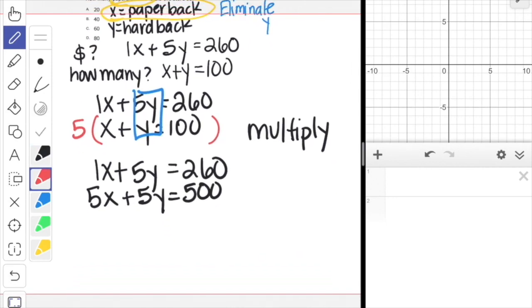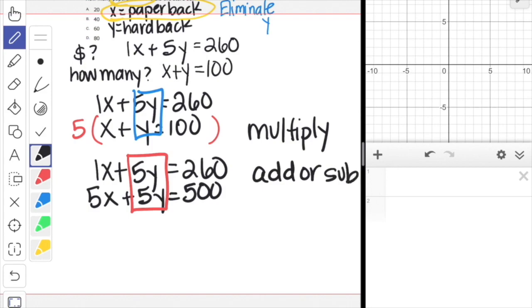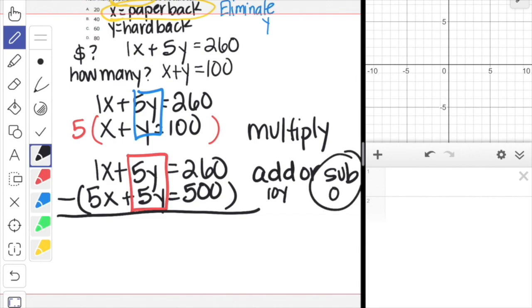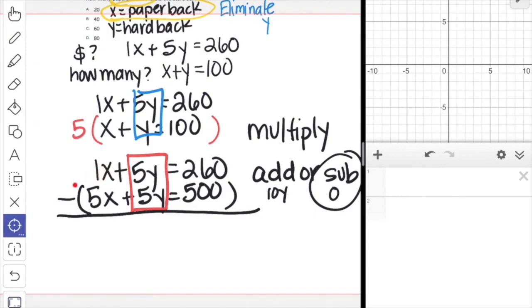So we're still going to eliminate the 5y's, but we have to decide whether to add or subtract. The way that that's going to happen here is we're going to subtract, because if we add them, we're going to get 10y. So if we add, we get 10y. If we subtract, we get 0, and that's the one we want. So I have 1x minus 5x.